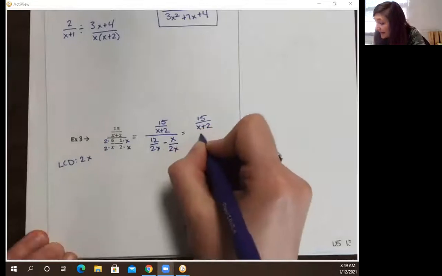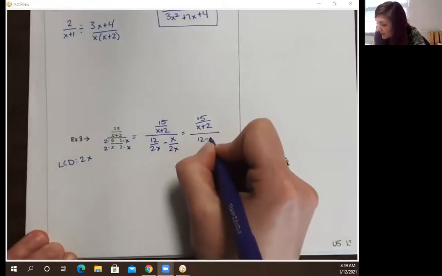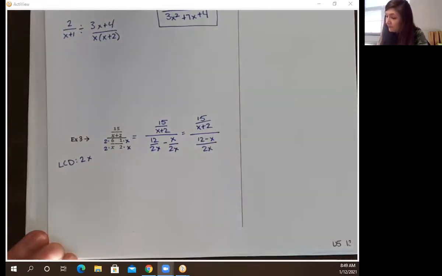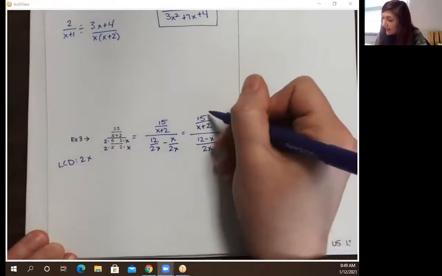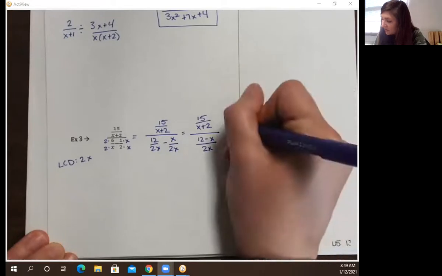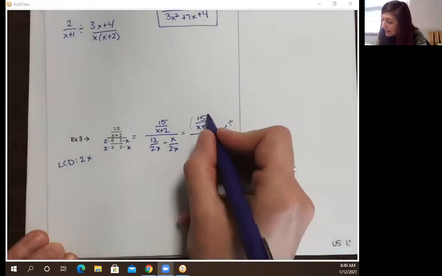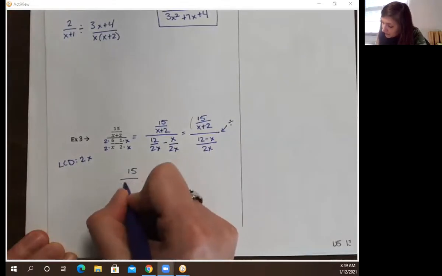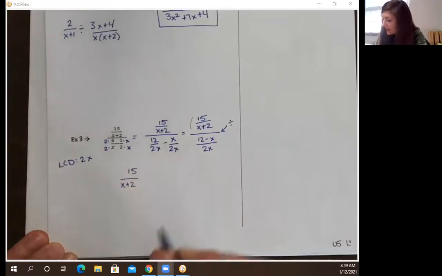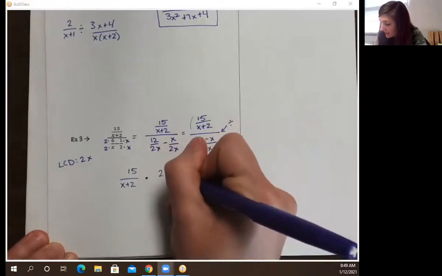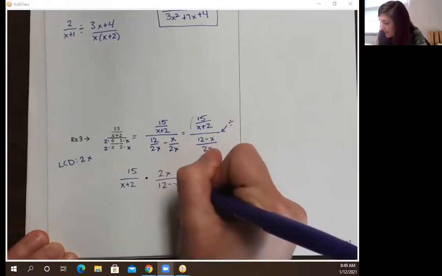So I would have 12 minus x on top here, 12 minus x over 2x. And now that I've got one fraction over one fraction, that's where I can treat this like division. So I have my top, 15 over x plus 2, and I'm going to multiply by the reciprocal of the bottom. So that's 2x over 12 minus x.